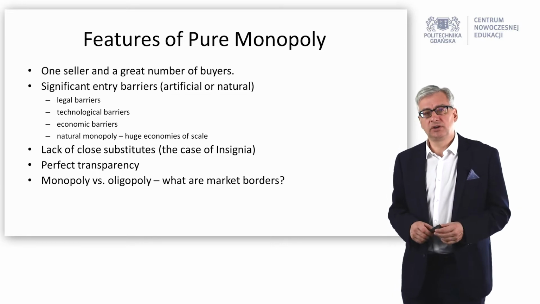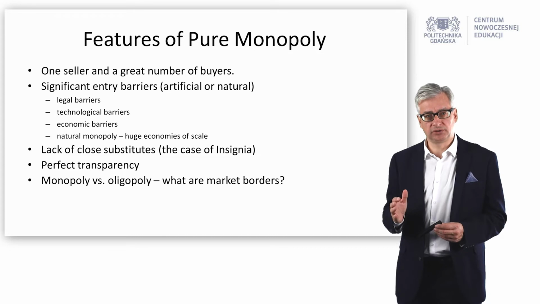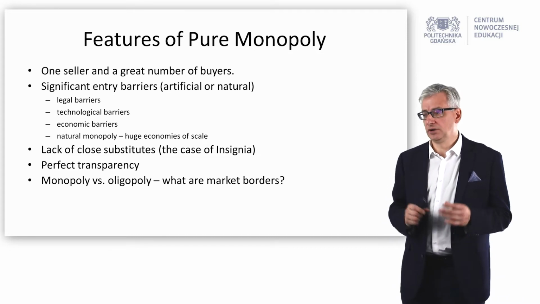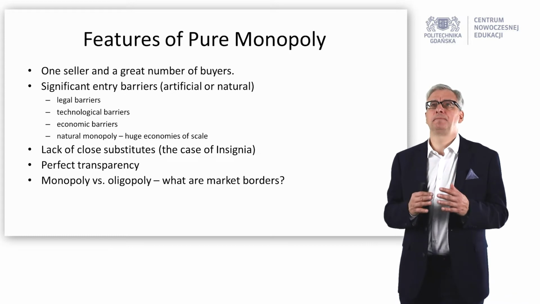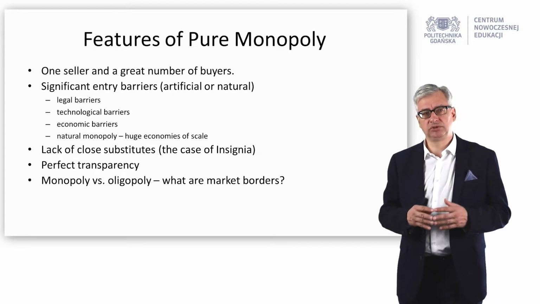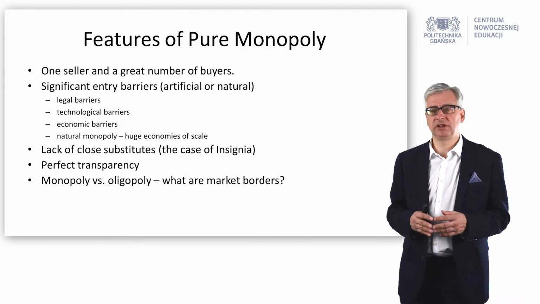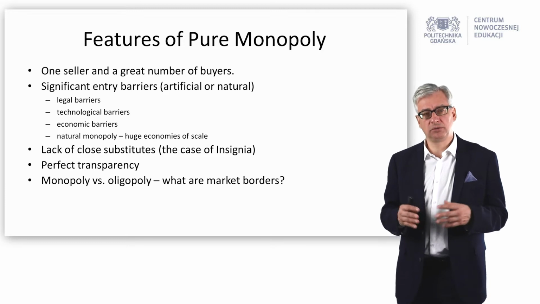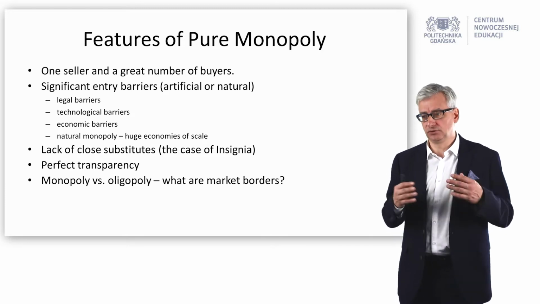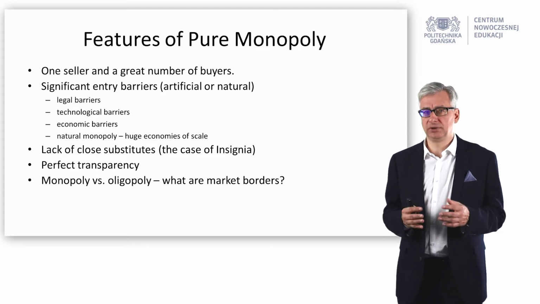Those entry barriers could be natural, could be artificial. For natural entry barriers, we already had some considerations when we talked about long-run costs. And we know that there are sometimes huge economies of scale, and those huge economies of scale do not allow for any competition.